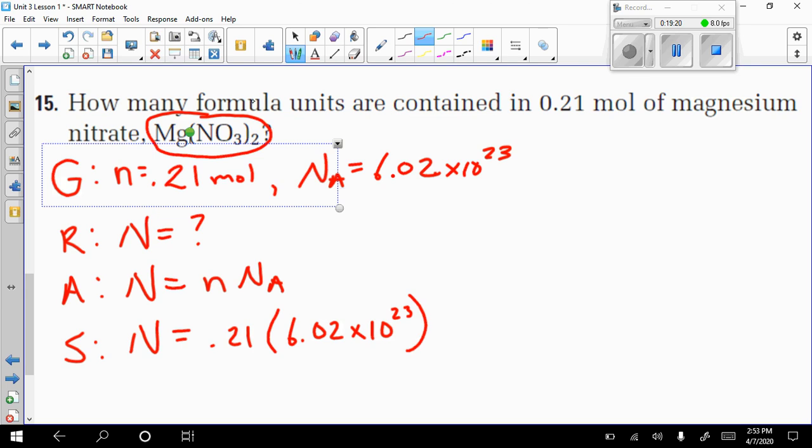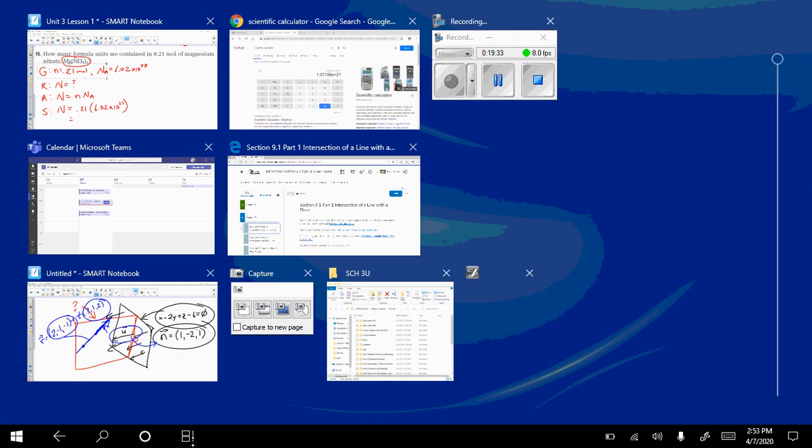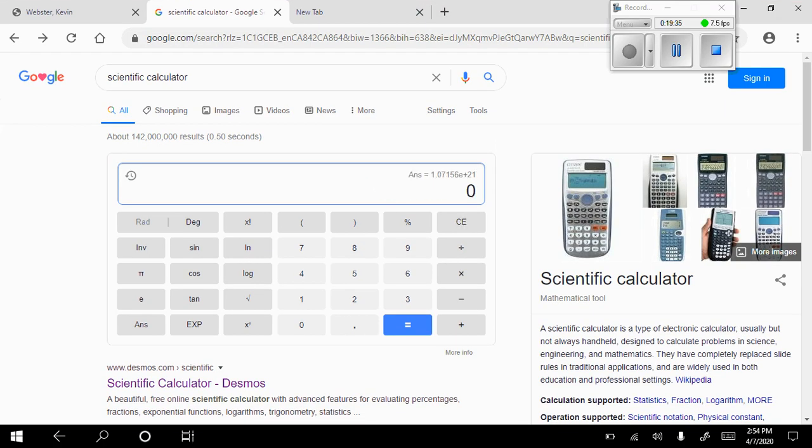And that's going to give me a count of all of those magnesium nitrates. So just bear in mind that it's the entire particle. It's giving me the entire particle. And so I'll go to my calculator, and I'll clear it, and I'll go 0.21 times 6.02 EXP 23 equals 1.26 times 10 to the 23.